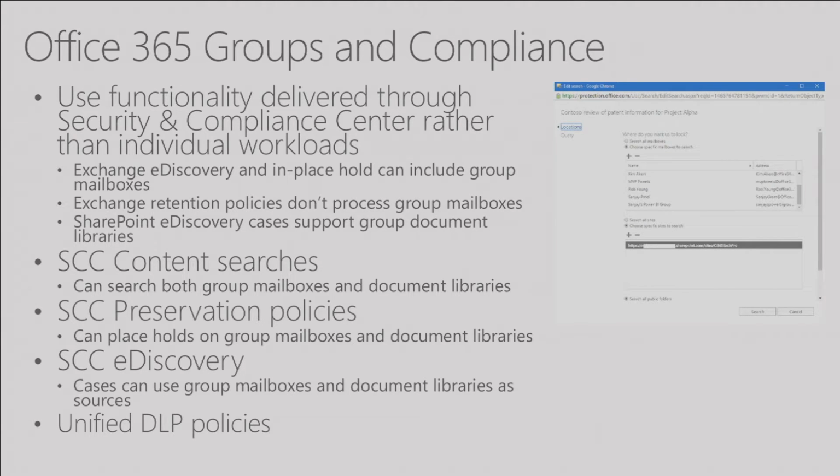Okay? Preservation policies work, and they can be used to lock down content in groups. However, I believe they are going to be also replaced by the new classification policies that are coming. Okay? And the eDiscovery cases that are in the Security and Compliance Center also support groups as valid sources.